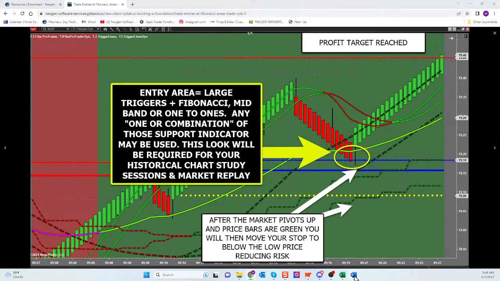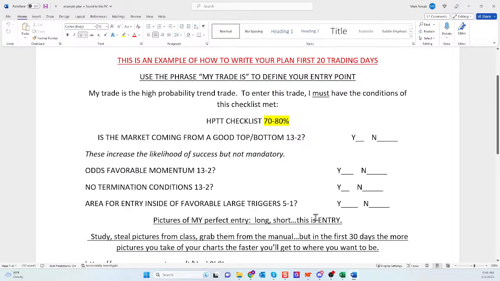Guys, I just put an example plan in the room. And this is just a simple plan, a basic plan, a mechanical plan for brand new users to keep it simple. And you're going to use the phrase my trade is. My trade is the high probability trend trade. All I'm doing is defining my entry point. To enter this trade, I must have the conditions of the checklist met. And guys, that's the next thing I'm going to give you.